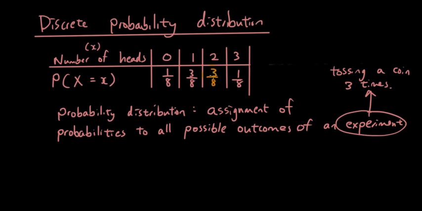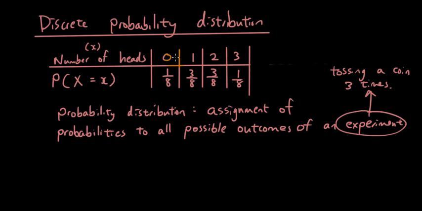Now, I will teach you guys how to get these probabilities later on. But let's say these are our probabilities, then this table here is our probability distribution, because it shows that a probability is assigned to every possible outcome. This is also called a discrete probability distribution because the outcomes are coming from a discrete random variable. Okay, x is a discrete random variable 0, 1, 2, 3 because you can count it and it's random.